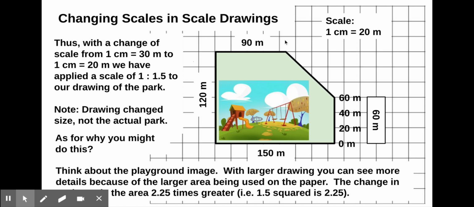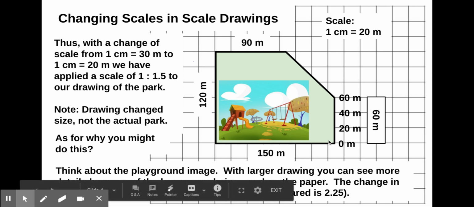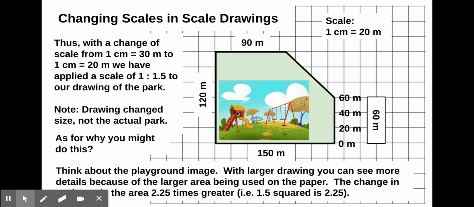We went from 3 to 4.5. 3 times 1.5 is 4.5. 2 times 1.5 is 3. The original 4 times 1.5 gets 6. And so you see how it's playing out here.